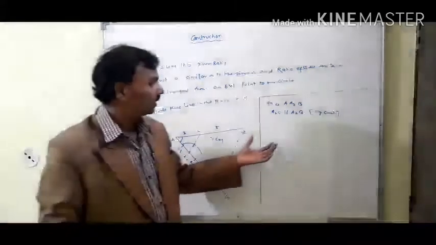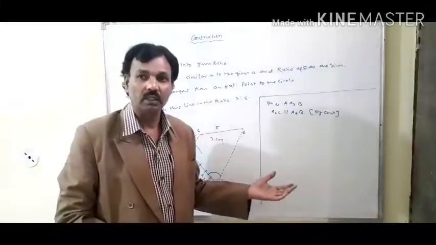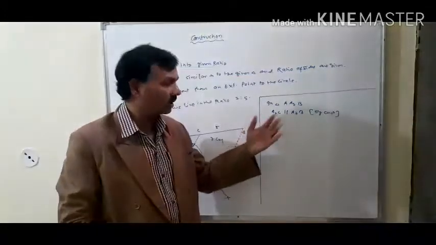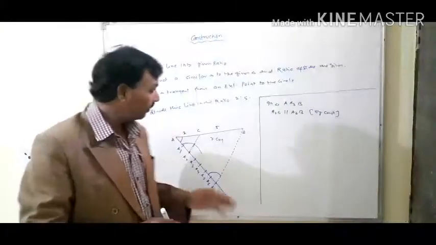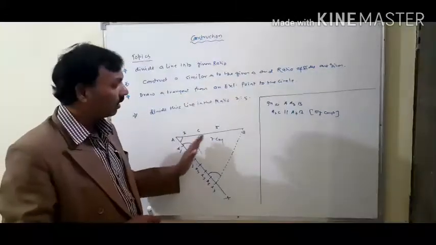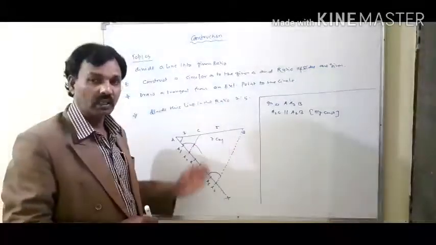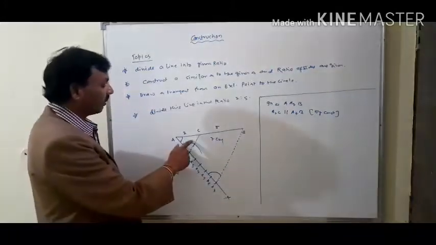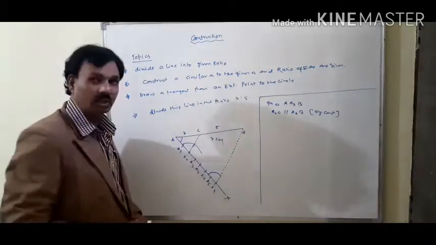According to the concept of Thales, if a line is drawn parallel to any one side of a triangle, then this line divides the remaining 2 sides in the same ratio.